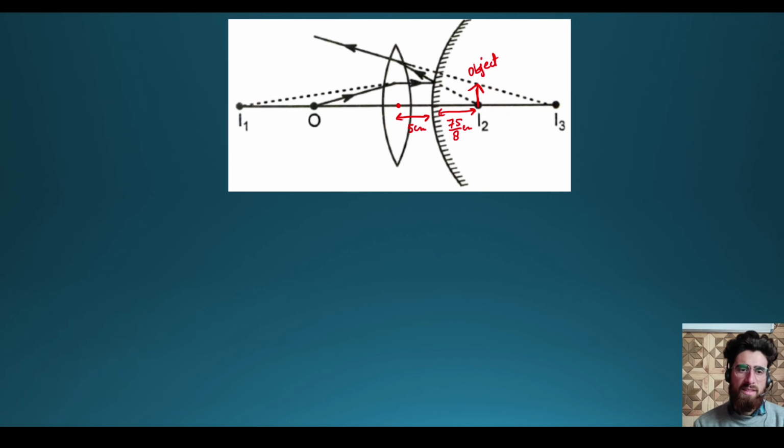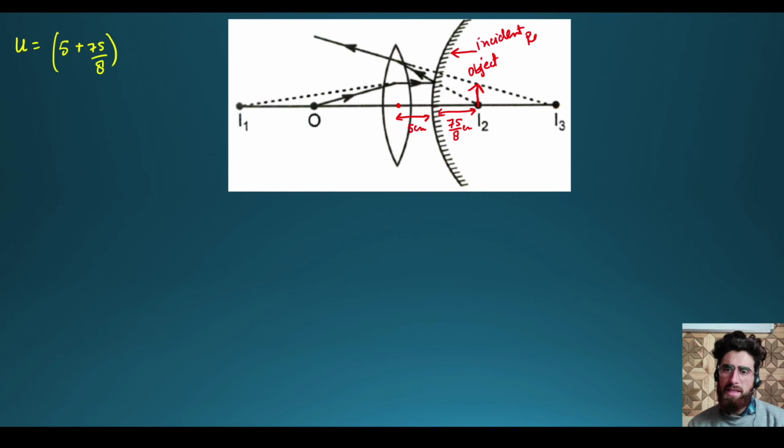What's the object distance in this case? Object distance is going to be 5 plus 75 upon 8. Is it going to be positive or negative? Very important to focus here. If the object is placed here, this will be the direction of incident light, this will be the direction of incident ray, and this is the optic center.